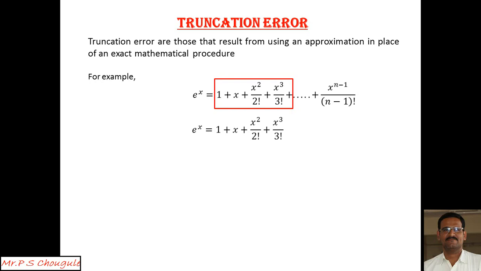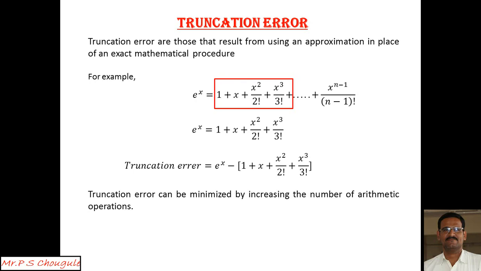Now according to our point of view, e raised to x is equal to these 4 terms, but because of this you may get some different or approximate value of the function, and that leads to the error which we call truncation error. So in this case we can say truncation error is equal to the actual value of e raised to x minus whatever value of e raised to x we have found.